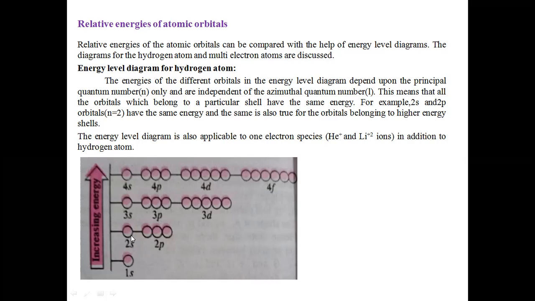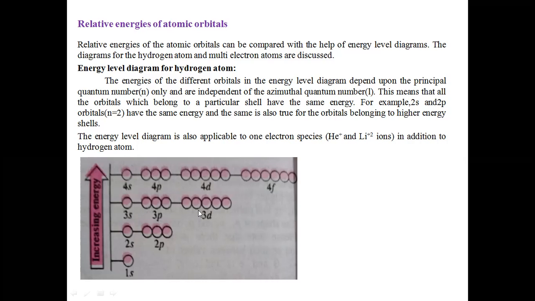For example, the 2s orbital and 2p orbital, or we can say the 2s subshell and 2p subshell, both have the same energy, and the orbitals in the 2p subshell will have the same energy. This is similar for all the higher energy orbitals. 3s, 3p, and 3d orbitals also have similar energies.